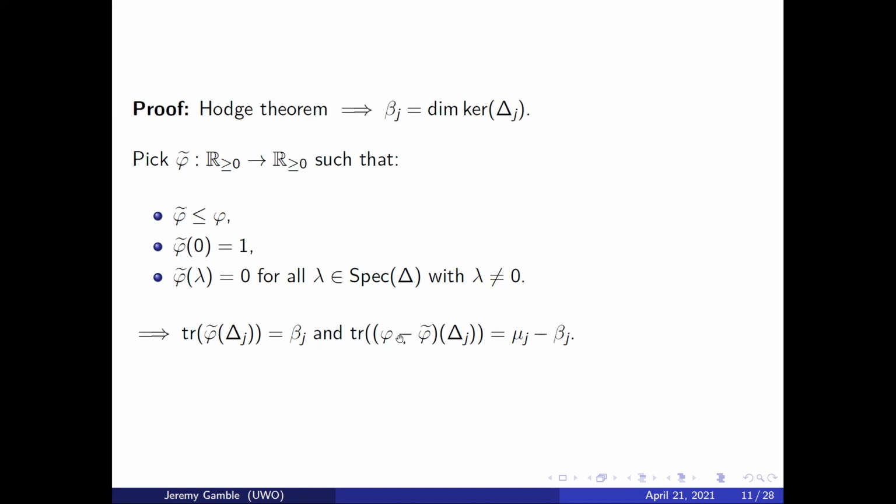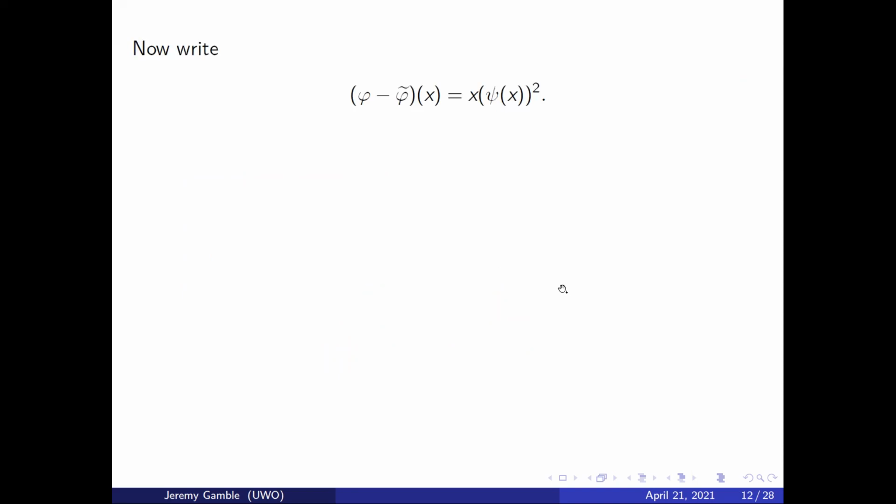And of course, just by linearity, we've got this too: if you take the difference of these, which is again going to be nice and trace class and satisfy all the properties we need, we get that the trace of phi minus phi tilde is mu_j minus beta_j.